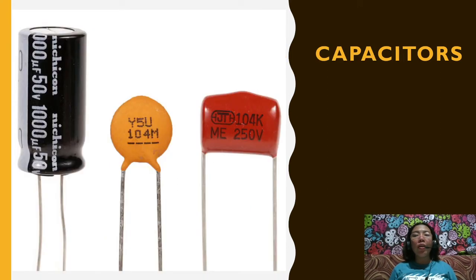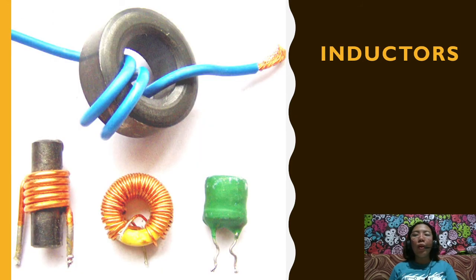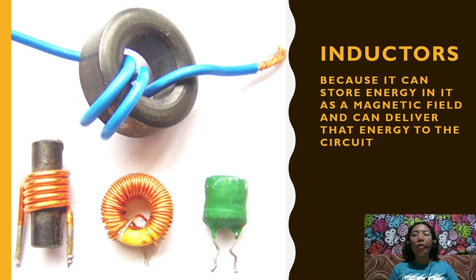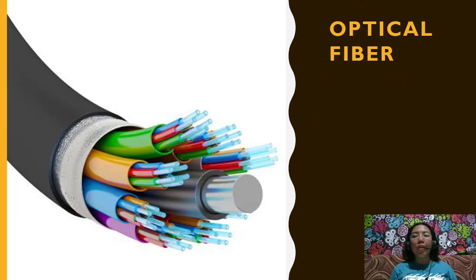We all know that capacitors can store voltage in them. And we also have inductors. It is considered a passive device because it can store energy in it as a magnetic field and can deliver that energy to the circuit.